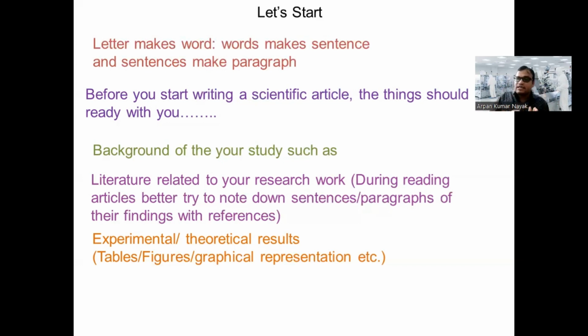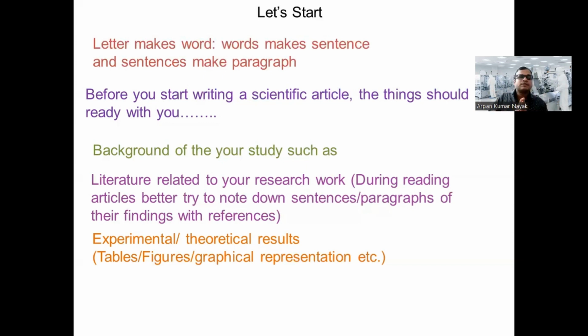Either they can make the figures or they can make the tables and keep them. So first of all, they should have the references, the literature survey, with them. Second, they should have the experimental results with them in the form of a table, graph, graphical way, or figure format.